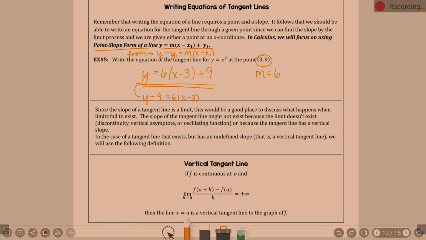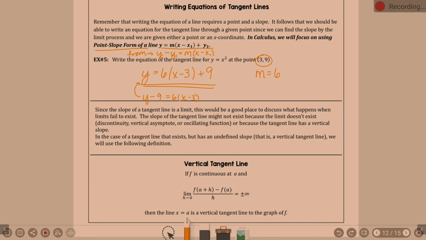Now, in the case of a tangent line that exists but has an undefined slope, so when you have a vertical tangent line, we use the following definition. And this should not surprise you. Vertical tangent line, what's the slope of that? Well, it's undefined because it's 1 over 0, so if we think limit, it's going to either positive or negative infinity.